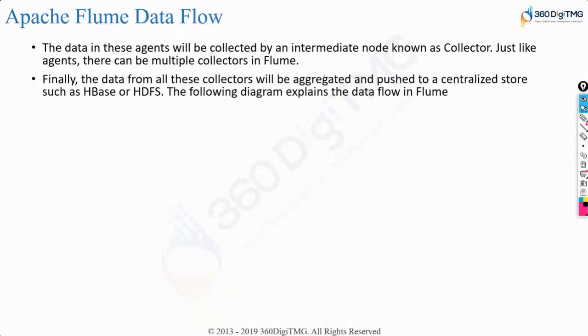So collectors are like your intermediate nodes. These are like systems where you temporarily put the data, and you can have multiple of these temporary storage nodes. From these collectors or channels, the data is pushed to the destination, which is your HBase or HDFS, via the sink.